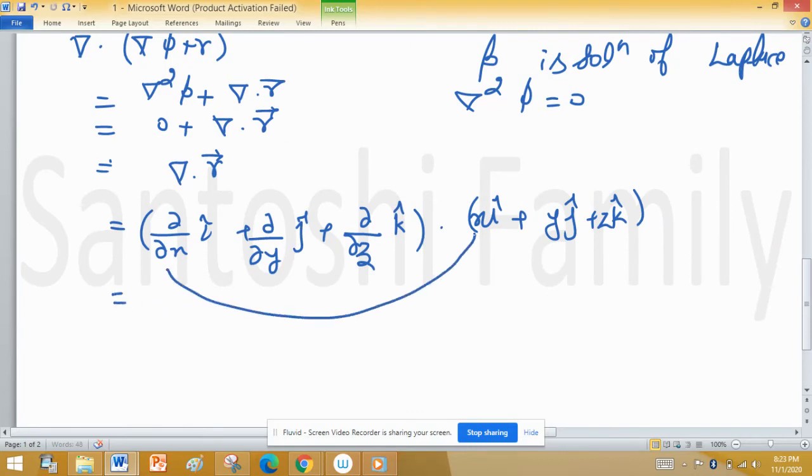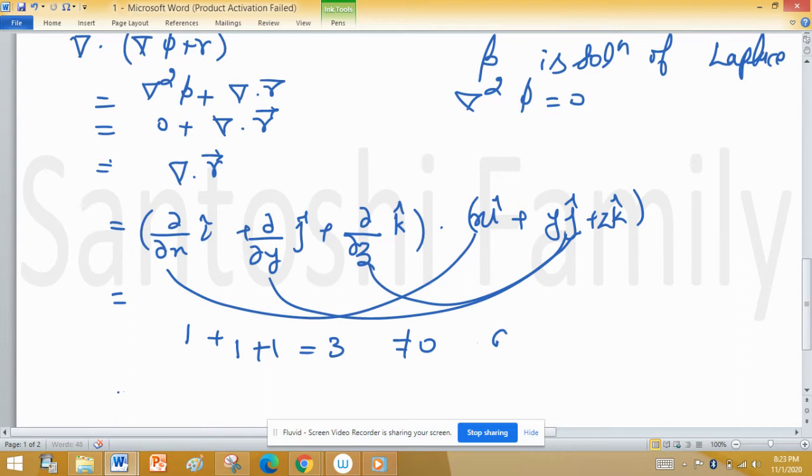So the partial derivative with respect to x is 1, the same for this one, and again 1. This is equal to 3, not equal to 0. That is, the divergence of gradient phi plus r is not equal to 0. So not solenoidal.